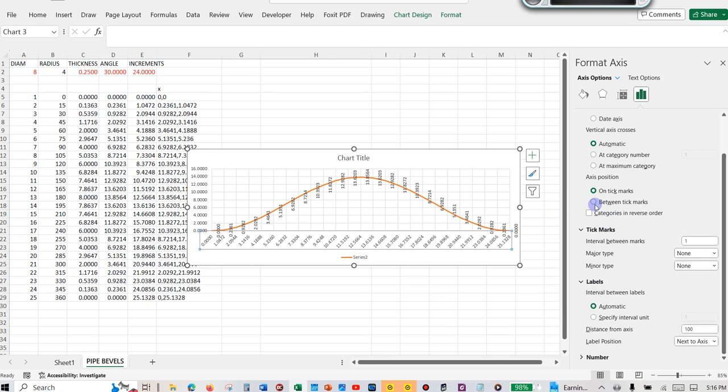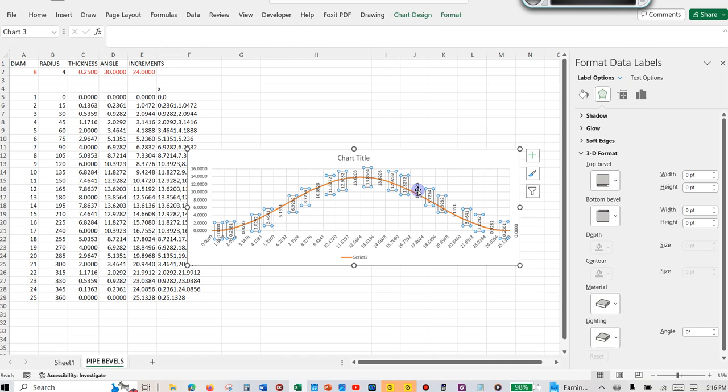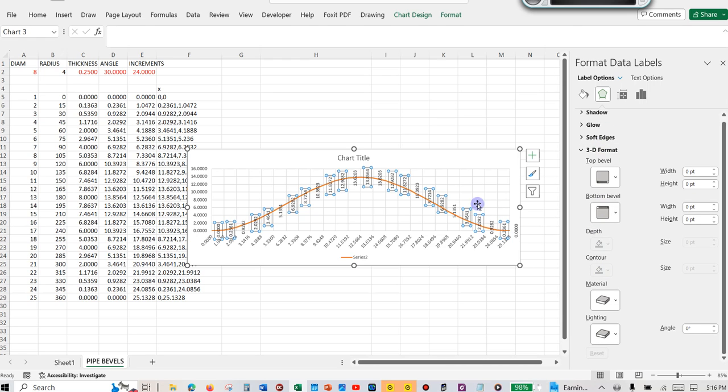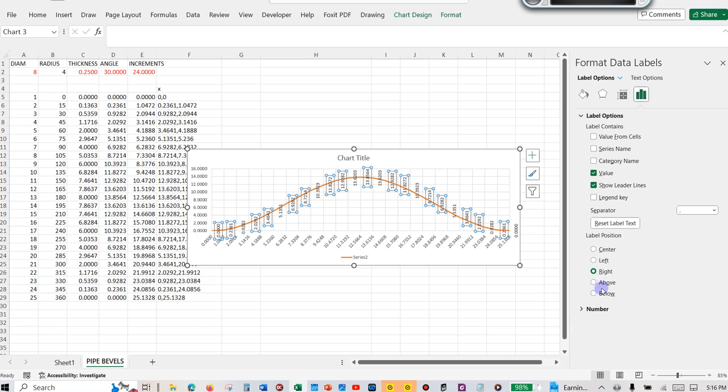But we're looking for this one, right? Yeah, so that is correct. It's on there, and then these should be centered up. My data labels.